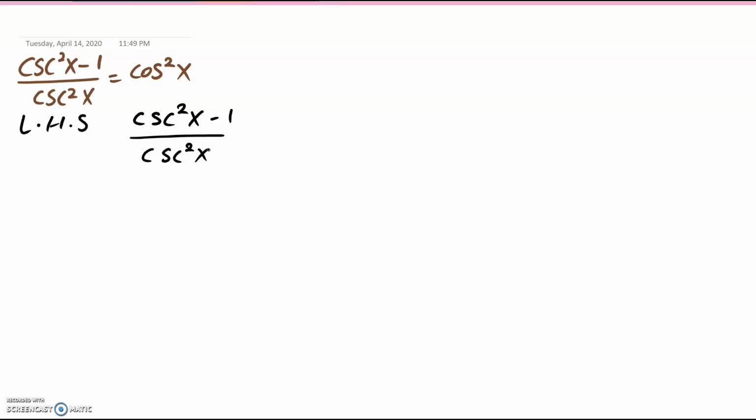Now we have cosecant squared x minus 1. We should remember this identity that we did before, which is called the Pythagorean identity. It is cosecant squared x equals cot squared x plus 1. This is a Pythagorean identity.